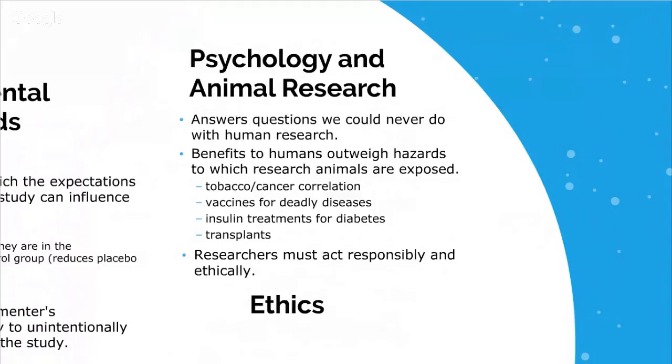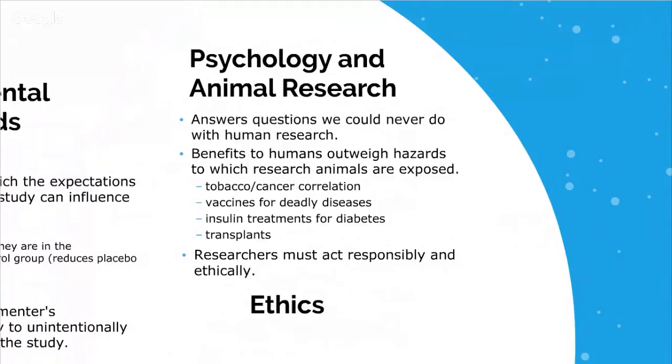So some of these things would be tobacco and cancer correlation. So we determine to what extent tobacco causes cancer. And as you know, you are definitely more likely to develop certain forms of cancer if you are a tobacco user. Vaccines for deadly diseases.